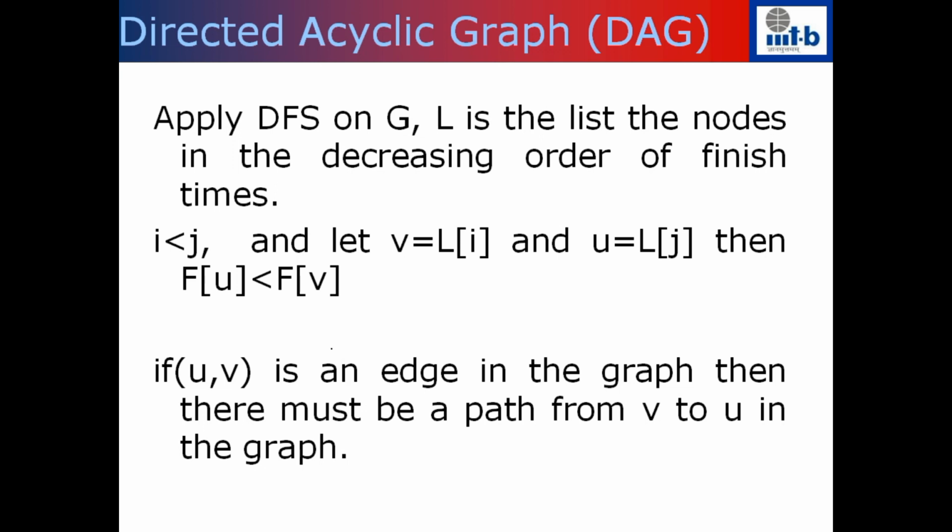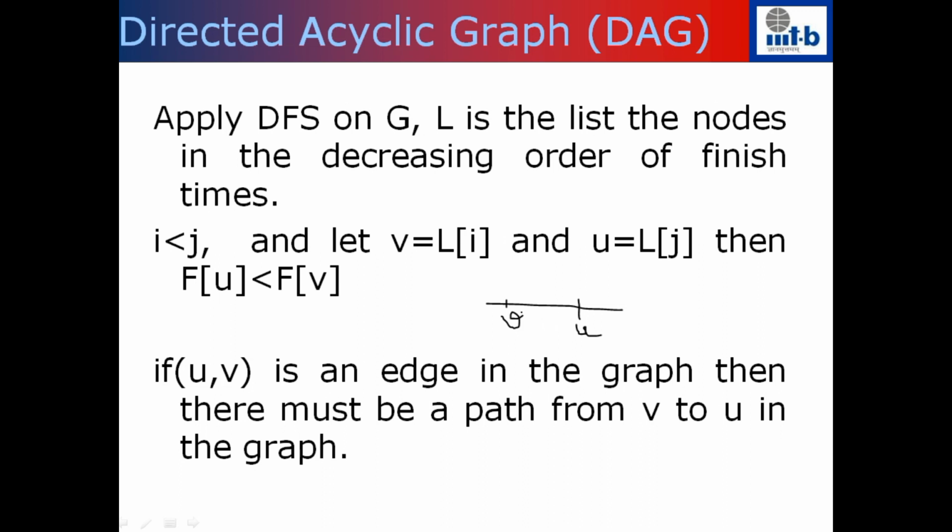So after applying DFS, if L is the list of all nodes in the decreasing order of the finish times, then take indices i smaller than j, so that L of i is V and L of j is U. In the topological sorting, the vertex V comes before the vertex U in the order.